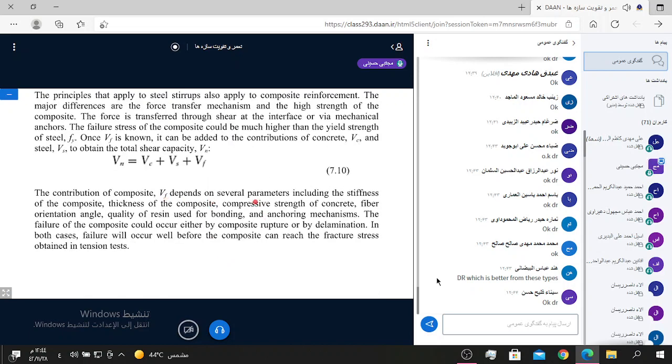And VF depends on several parameters, including stiffness of composite, thickness of composite, compressive strength of concrete, fiber orientation angle, quality of resin used for bonding, and anchoring mechanism. They are very important parameters, okay?